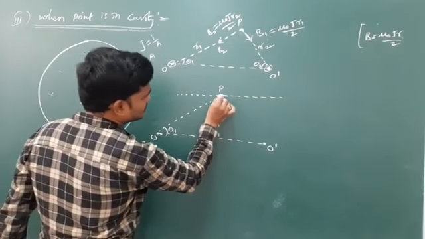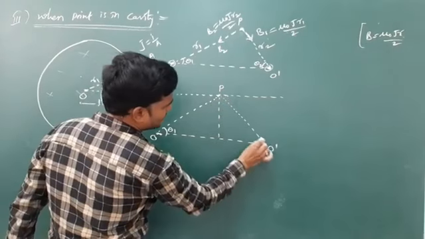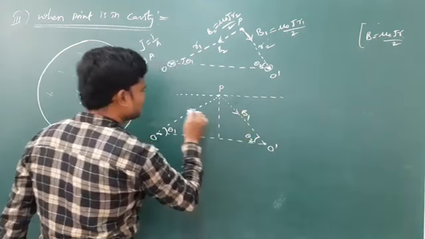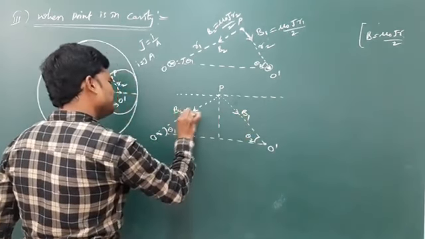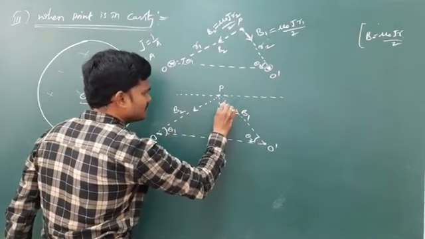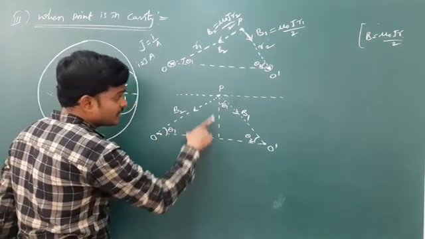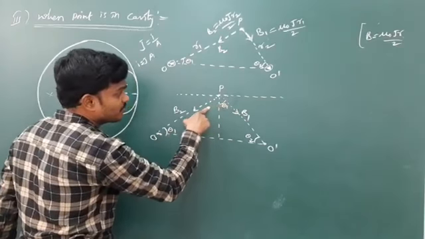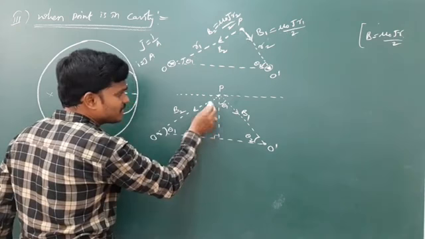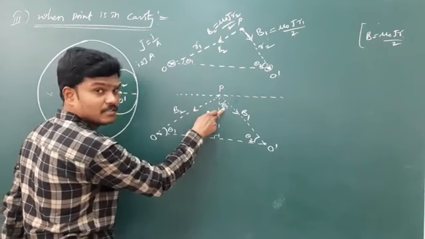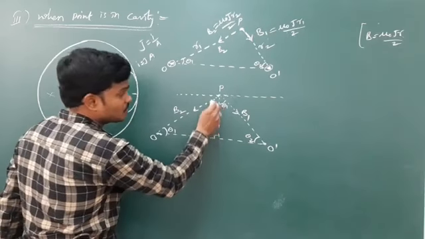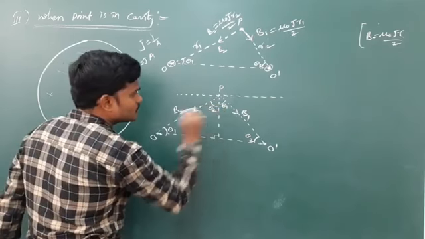This is theta 1, this is theta 2, here B1, here B2. This is theta 1, and no doubt this is also theta 1. B1 and B2 are perpendicular, so this is 90 minus theta 1, which means this is theta 1. This is theta 2, 90 minus theta 2, and this is nothing but theta 2.